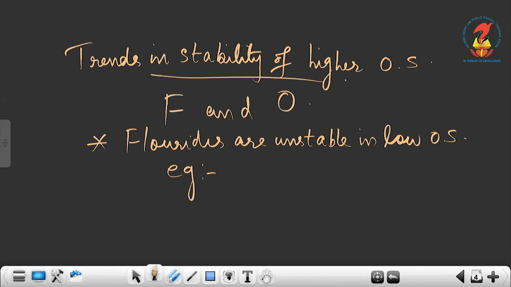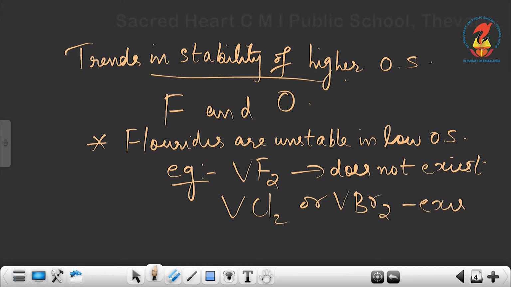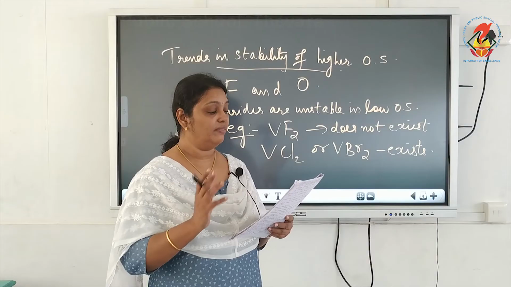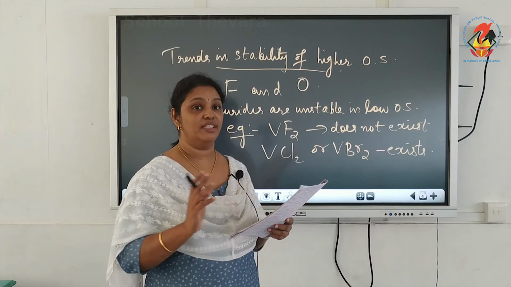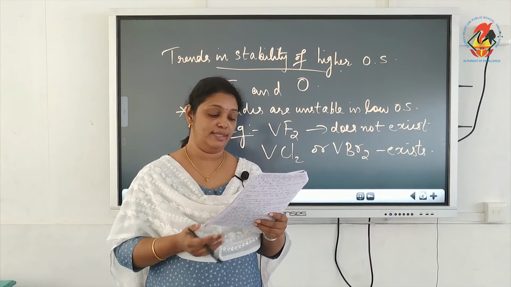For example, VF2, vanadium difluoride is unstable, meaning it does not exist. Whereas VCl2 or VBr2, these both exist. Okay. Now we discussed that the compounds of transition metal with oxygen and fluorine exhibit higher oxidation state.